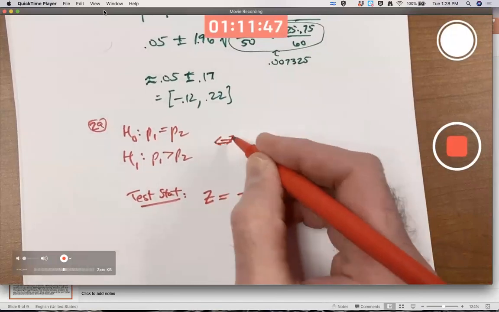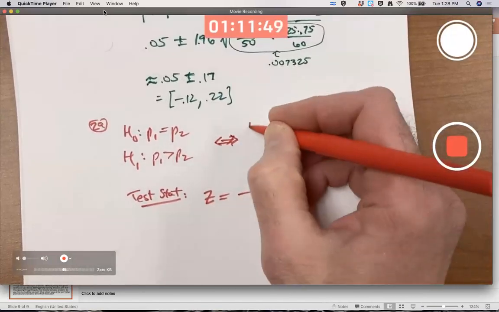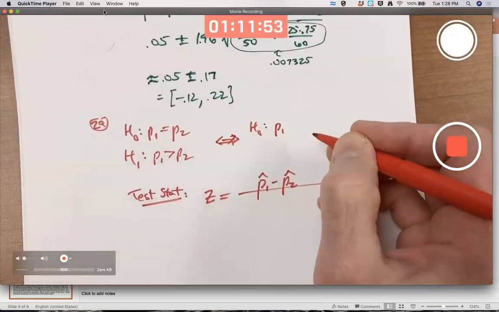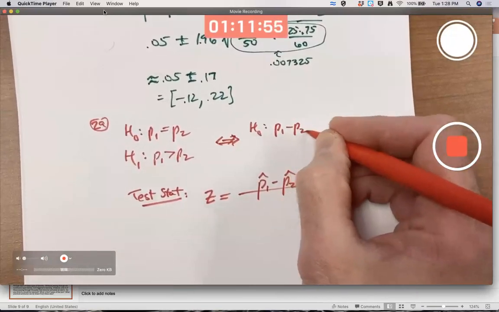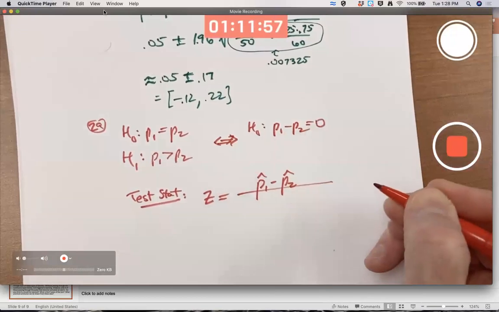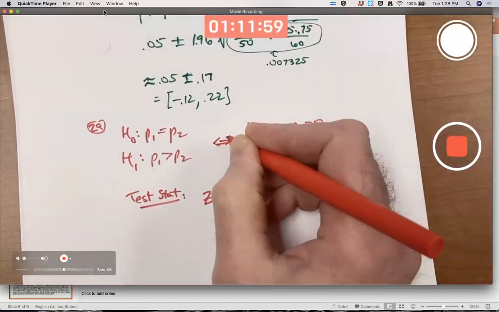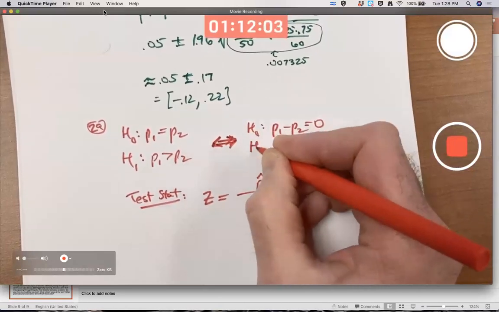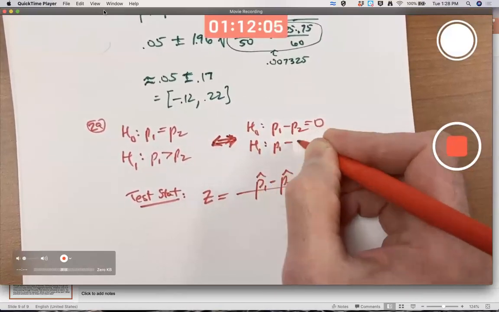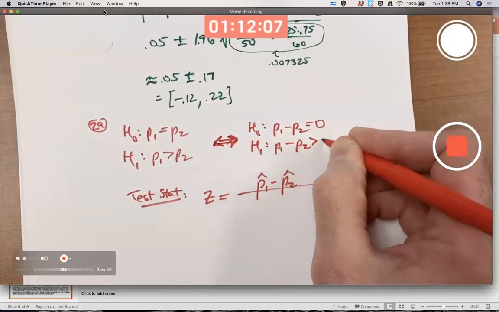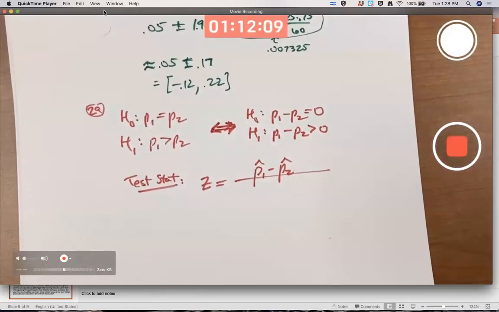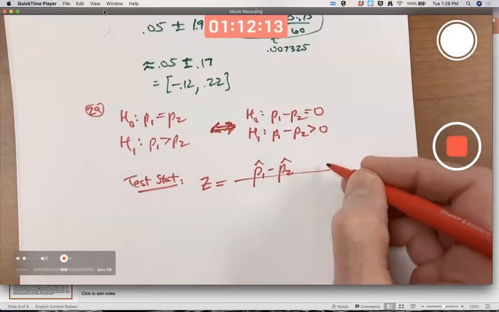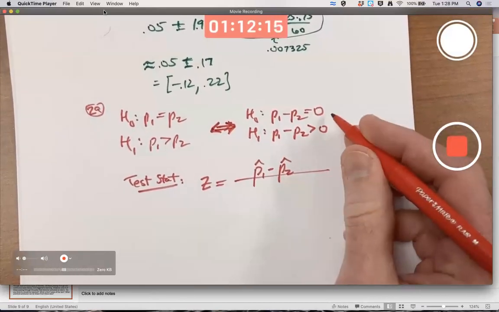However, in this kind of context, if the null is true, if P1 equals P2, that means P1 minus P2 equals 0. These are equivalent here. And the alternative would be that P1 minus P2 is bigger than 0. So what I'm trying to say is we don't have to actually write P1 minus P2 here because it's 0 if we assume the null is true.